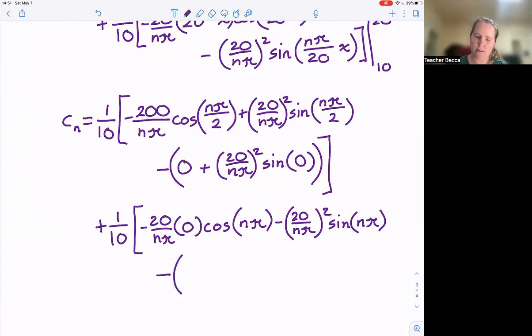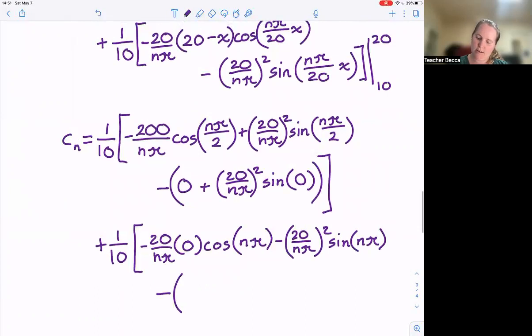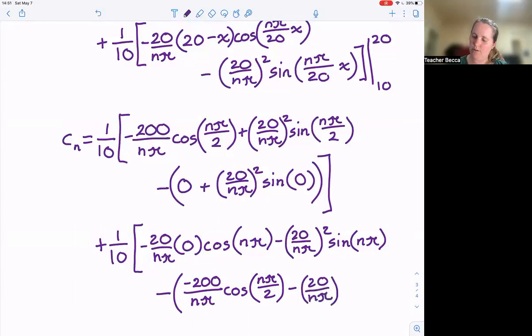So we will subtract off negative 20 over n pi times 20 minus 10 becomes a negative 200 over n pi times cosine of n pi over 2. And then from that, we are subtracting 20 over n pi whole things squared sine of n pi over 2.